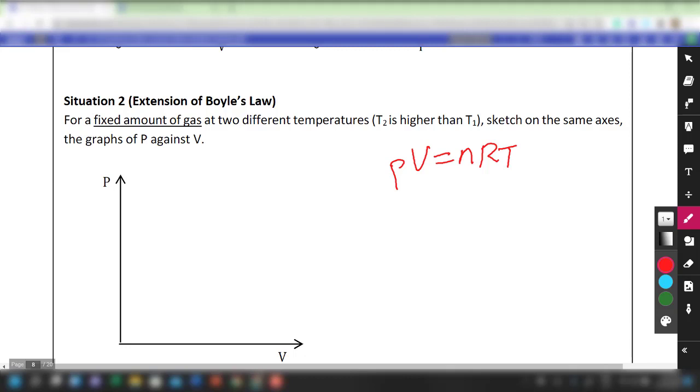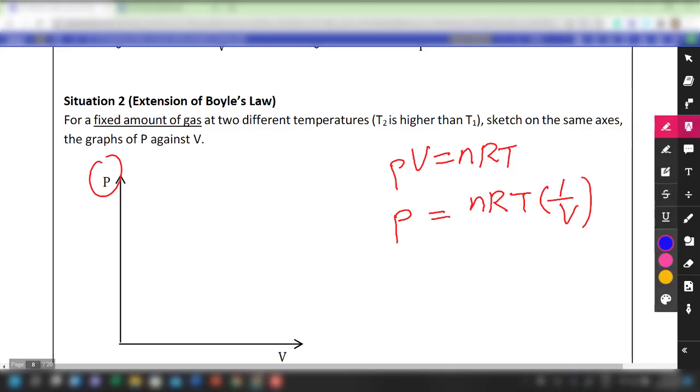We try to fix the amount of gas at different temperatures. What we can do here is put P on the left hand side, because P is the so-called y-axis. So P equals nRT, multiplied by 1 over V.